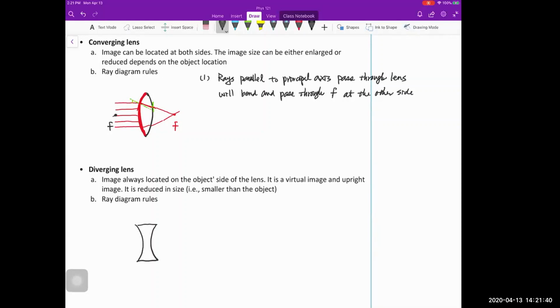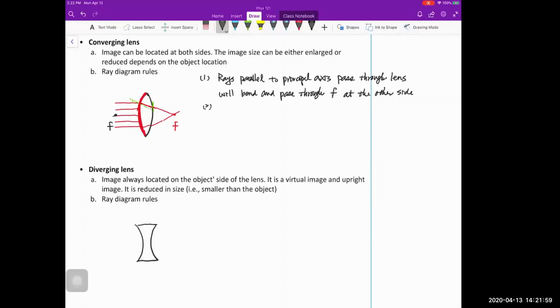It actually is the focal point of the red one. If the light comes from the left-hand side, it will pass through the focal point of the left-hand side, which is on the back of that lens. So this is the first rule that you're going to use.